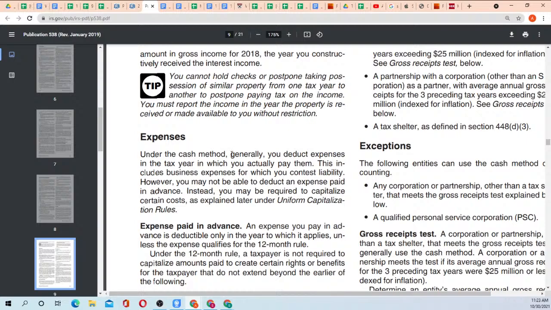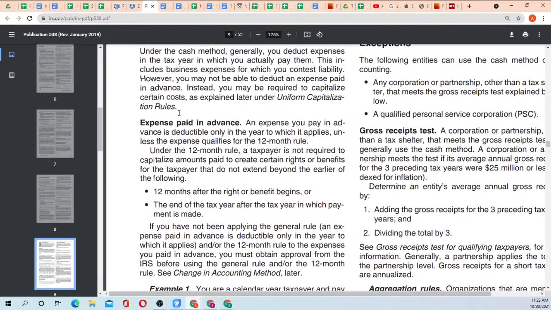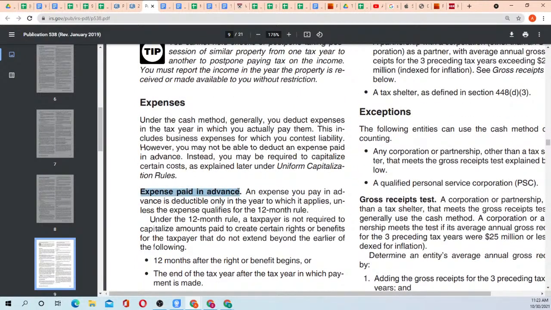Expenses. Under the cash method, you deduct expenses in the tax year in which you actually paid them. However, you need to comply with uniform capitalization rules, and we will take a look at it a bit later today. But what about expenses paid in advance?